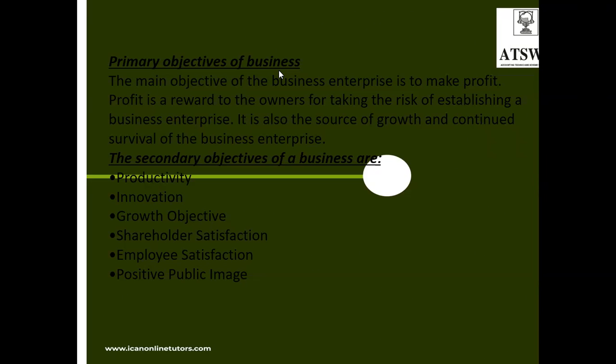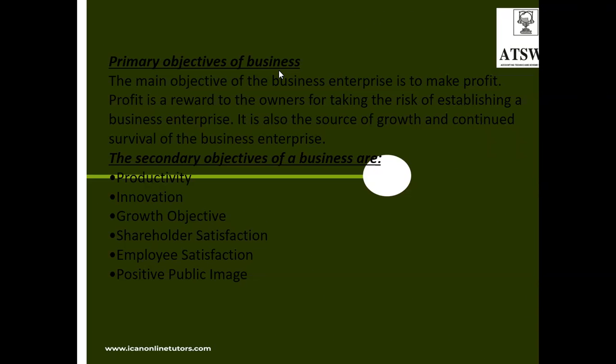There are some things that companies also need to do. If they are making that profit, give back to the society. That is the idea of CSR, corporate social responsibility.